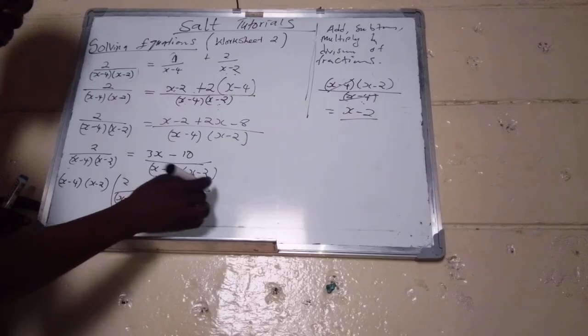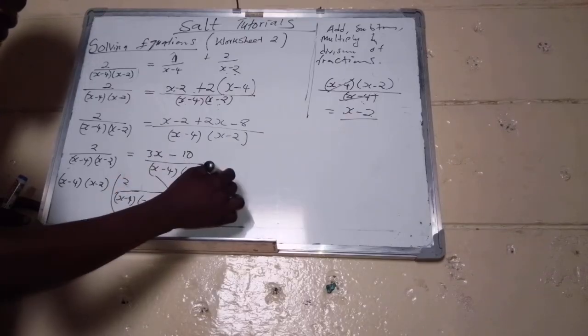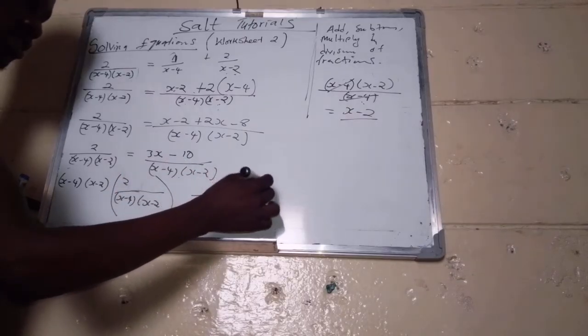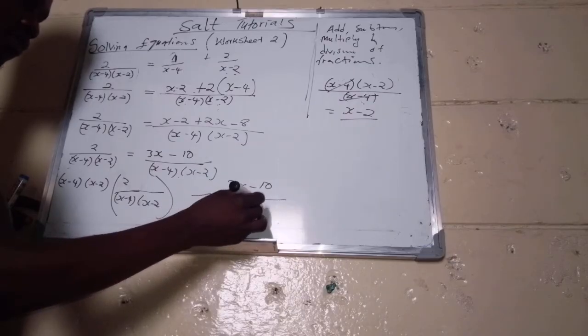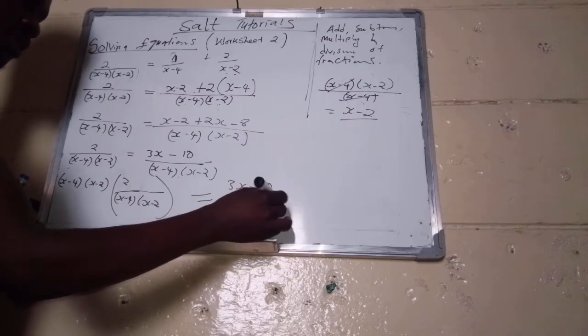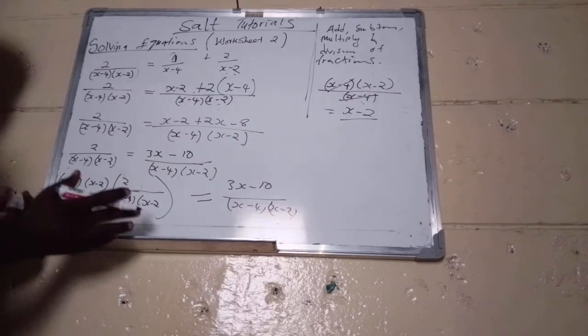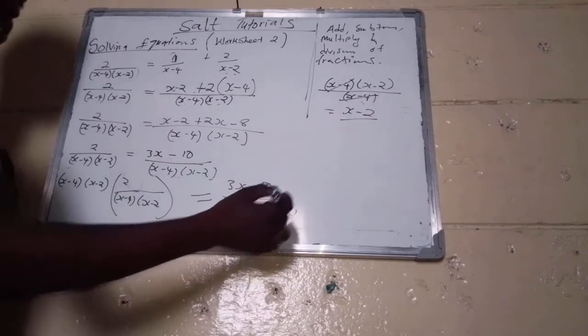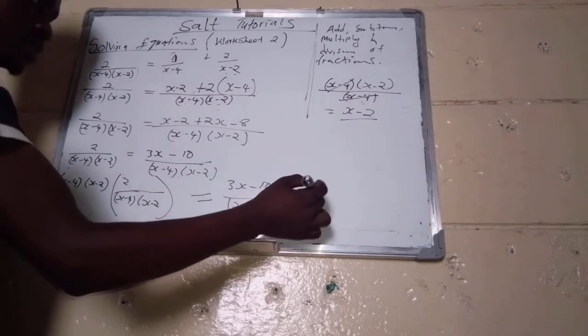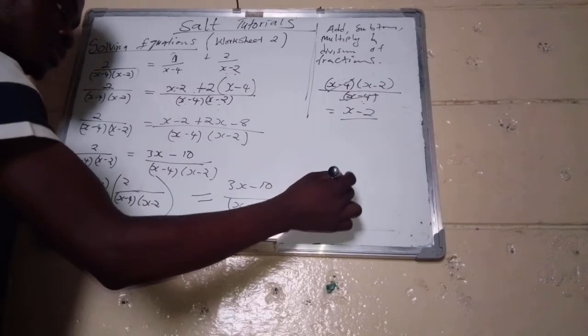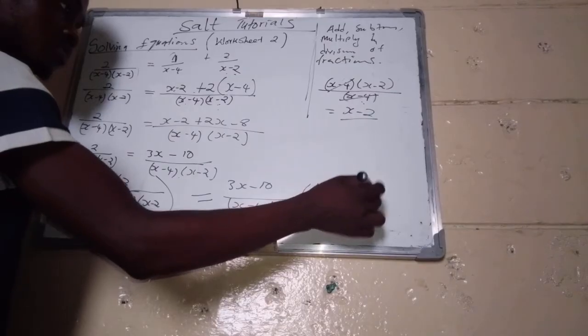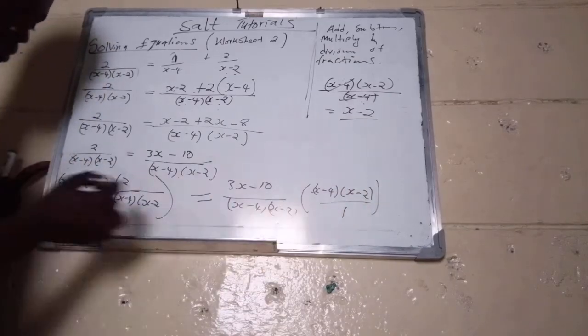I'm supposed to multiply by the same denominator, which is 3x minus 10 over x minus 4, x minus 2. Remember, the left and the right hand side have the same denominator. No wonder whatever I do to this side, I do to the other side. So I'm multiplying by x minus 4, x minus 2. Remember this is over 1.